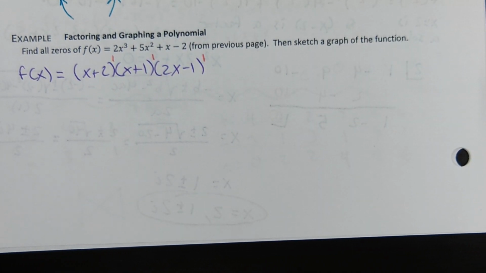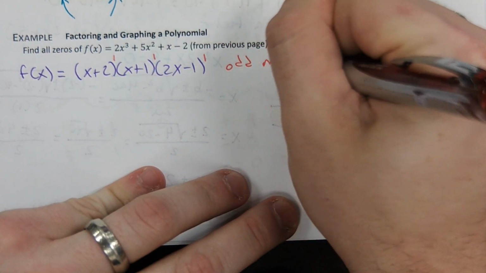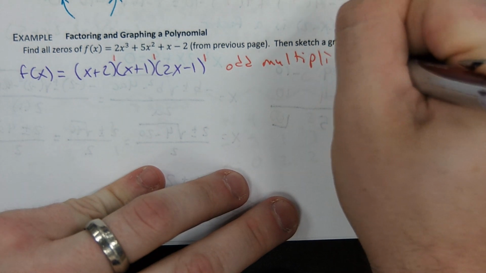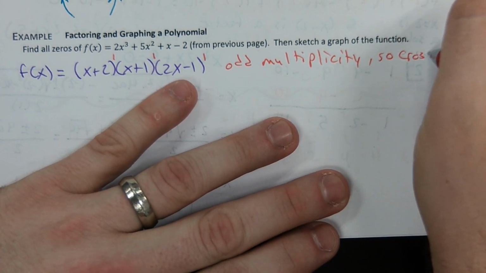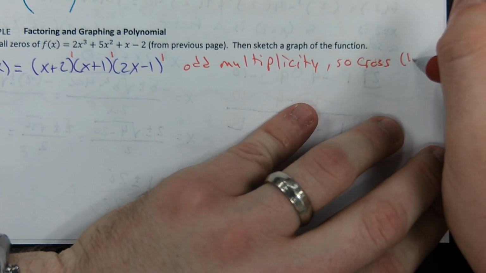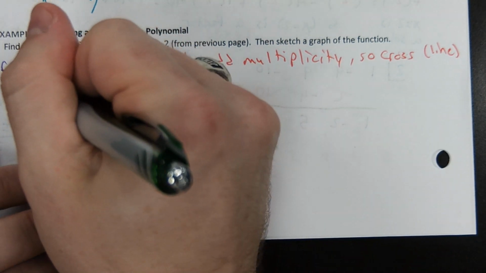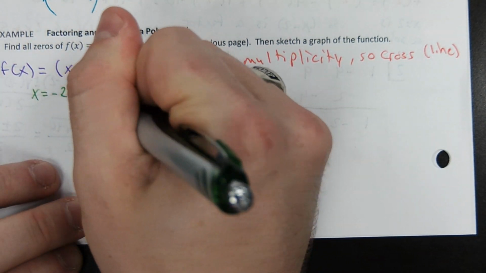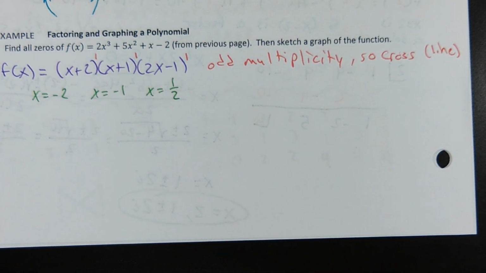That means that my graph is going to behave like a line, a degree 1, at every one of its solutions. They're going to cross like lines at all 3 solutions. And those solutions were x equals negative 2, x equals negative 1, and x equals positive 1/2. That was all from Friday.